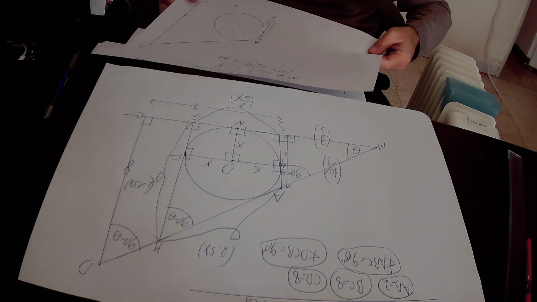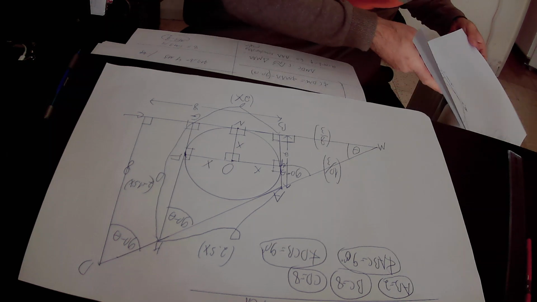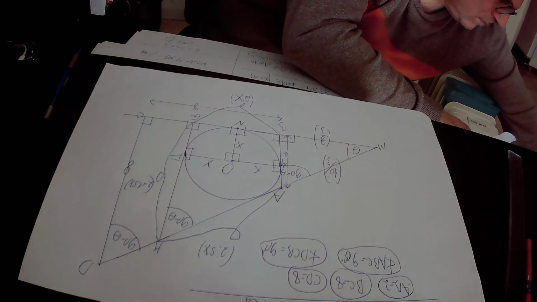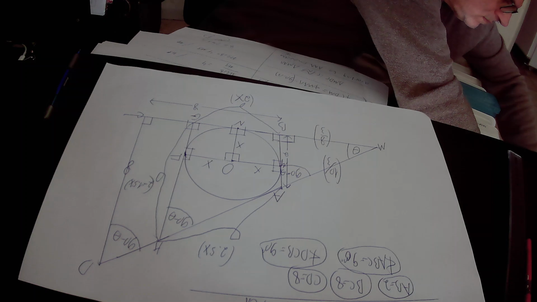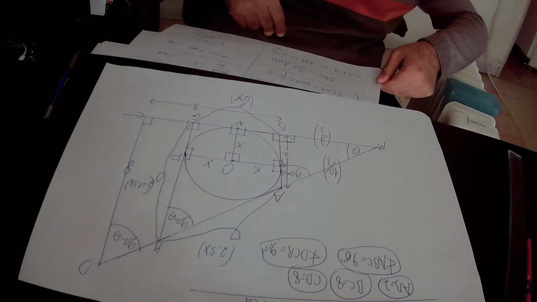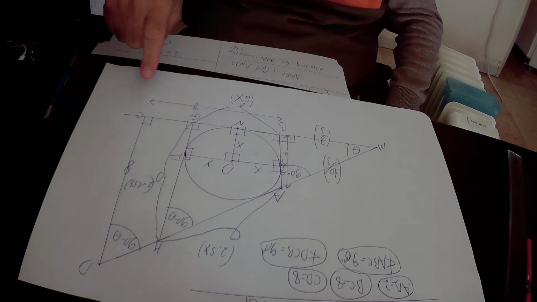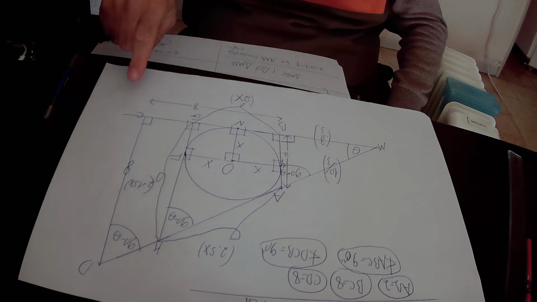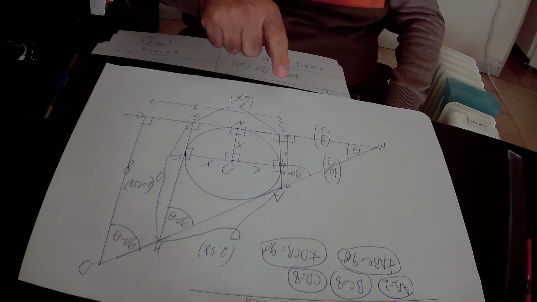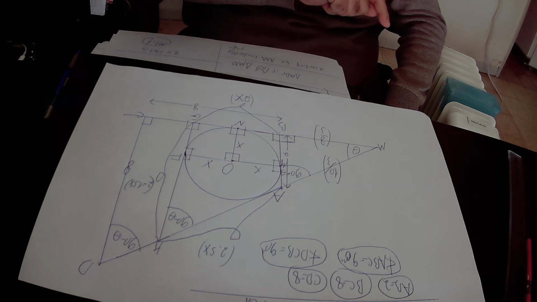So first of all, we did a construction. That is to say, we extended side DA and side CB in such a way that we extended them until they touch each other.